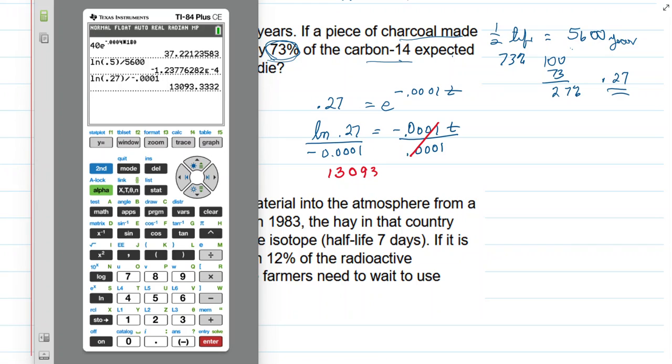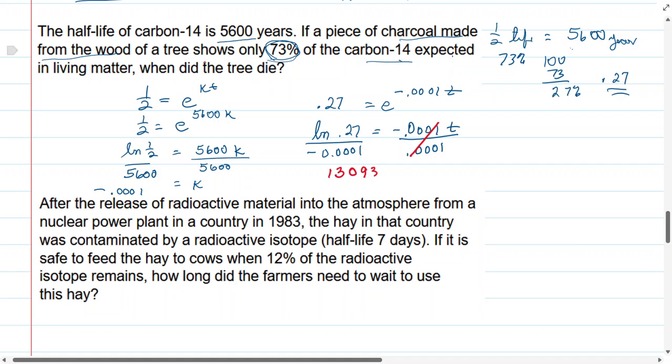Higher than the half. Was it the 73 I put there? Let me read that again. I'm only having trouble with this part. Everybody read with me. A piece of charcoal, that means it's already charcoal, made from the wood of a tree shows only 73% of the carbon expected.